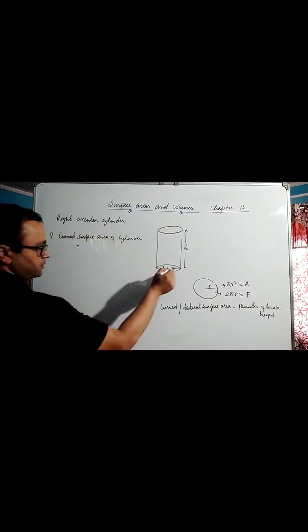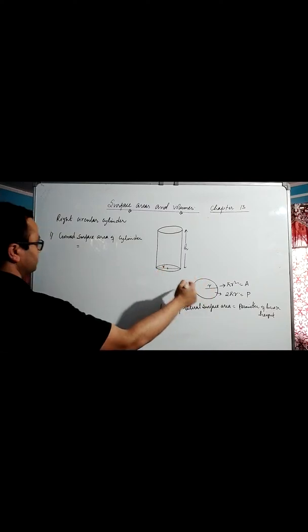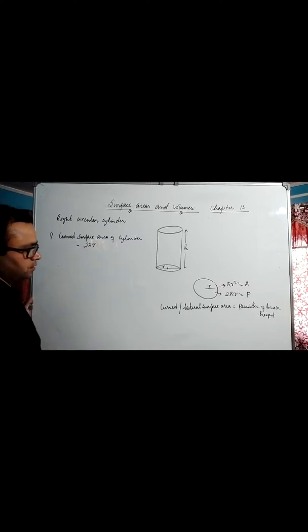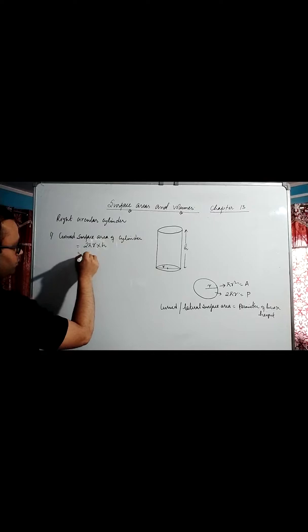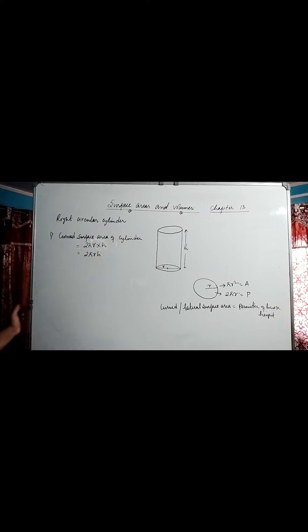What will be the perimeter? Now perimeter of base, it is the circumference of circle. So it is 2 pi r. Now height is h, into h. So this equals 2 pi r h. Now curved surface area is 2 pi r h.